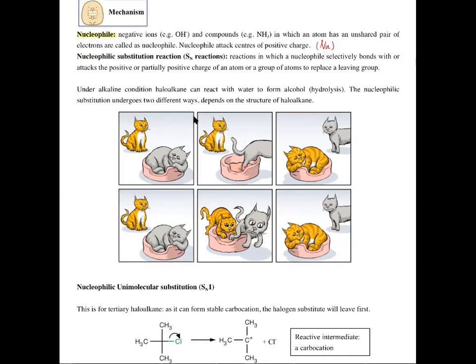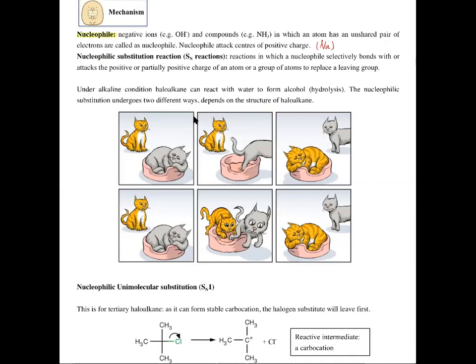If it only involves one molecule in forming the reactive intermediate, then we call it an SN1 reaction. If it involves two molecules to form the reactive intermediate, then we call it an SN2 reaction.